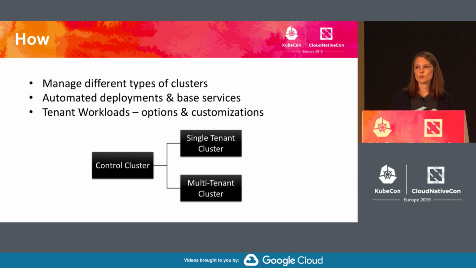And finally, we have multi-tenant clusters for teams who are able to work with soft multi-tenancy. And for deployment of our services, we needed to ensure it was automated, and GitOps helps us to achieve this. And finally, we want our tenants to benefit from our core base services that we offer. So we give them the ability to customize for their unique needs, for their unique pattern.